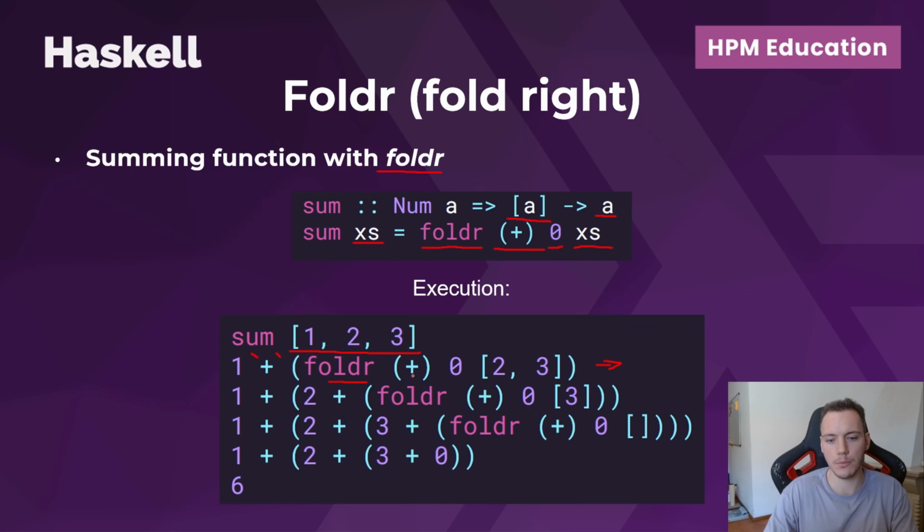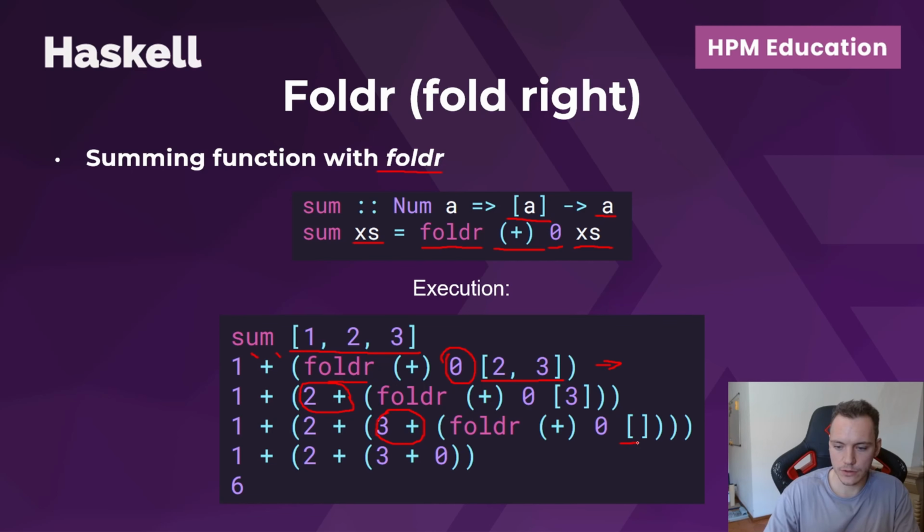So foldr plus again, the starting value 0 and the rest of the list, 2 and 3. Then we get again plus applied to 2 and the recursively processed rest. Then we get plus applied to 3 and the recursively processed rest of the list.